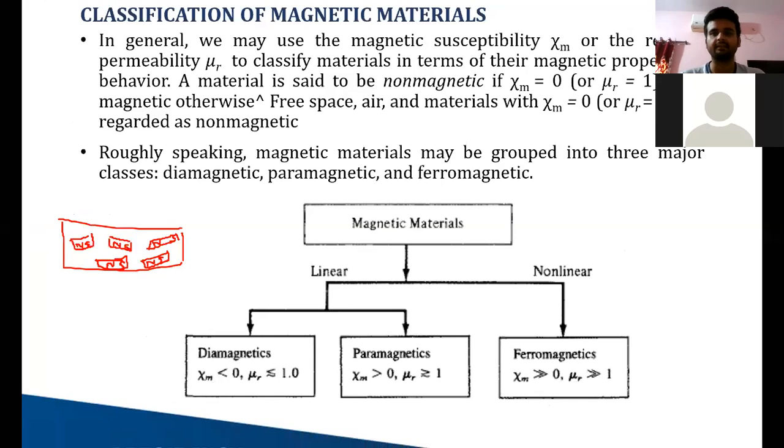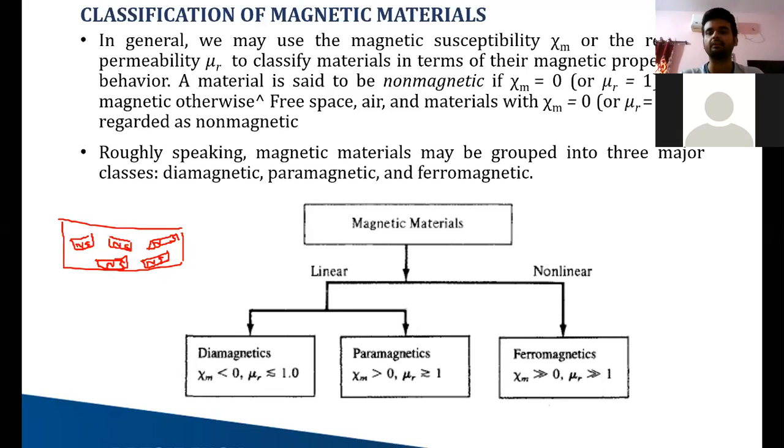I repeat once again. Diamagnetic materials are those in which the total magnetic moment of the material is zero. That means all the dipole moments cancel out each other completely. That is called a diamagnetic material. That is an example of perfect diamagnetic material in which total magnetic moment is zero.